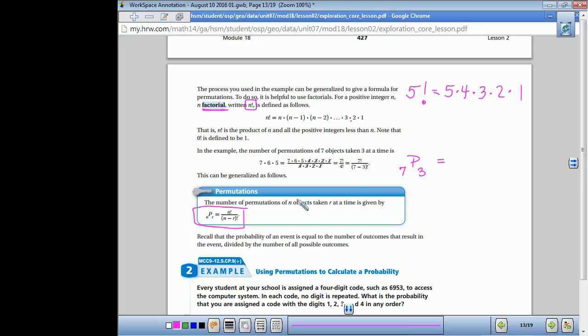And how do we calculate that mathematically without thinking of it as a counting principle? It would be 7 factorial, n factorial, over n minus r factorial, which is 7 minus 3 factorial.